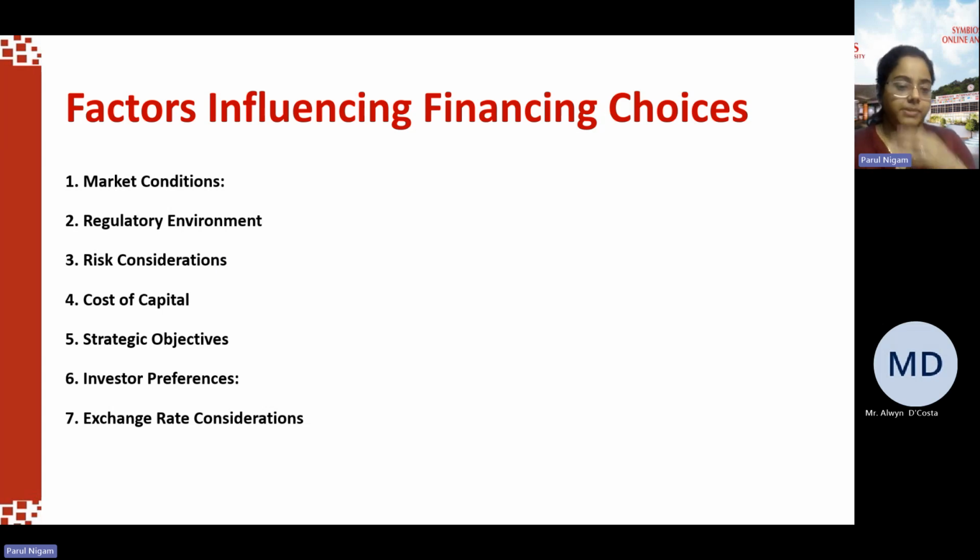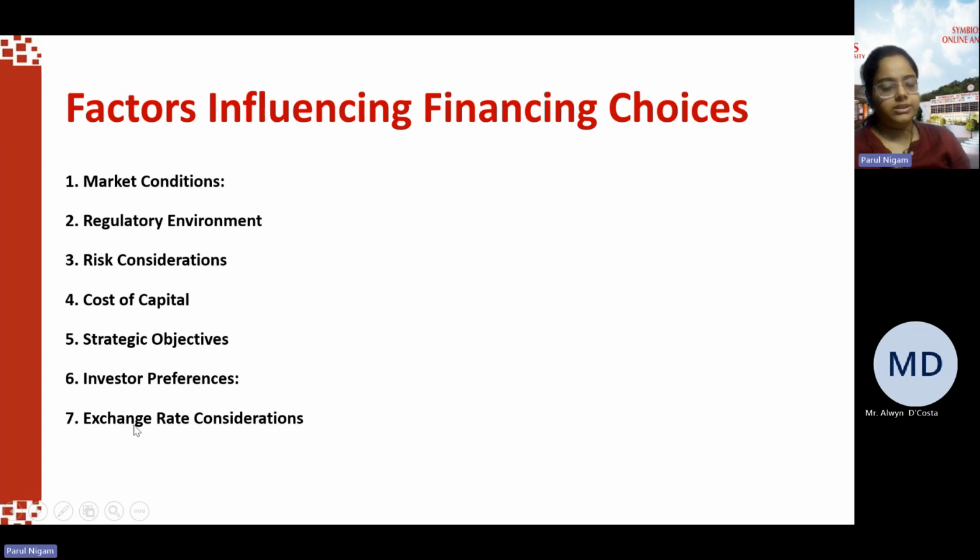All of this impacts your international financing decisions, then your investor preferences. Now, if the investor is hesitant, or plays safe, they will not be investing in the riskier instruments. On the contrary, if the investor is keen to invest and willing to take risk, then there will be enough international working capital.